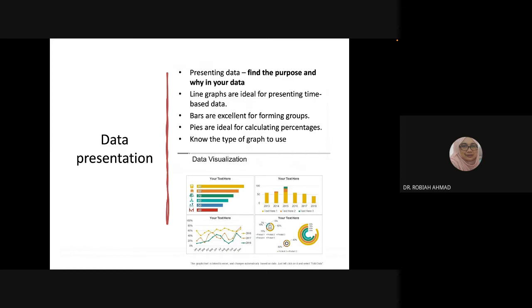What is the purpose that you want to present it for? For example, if you want to compare the one that you propose with the one that you use as the comparison, how to present it? You have to superimpose them, or put them side by side. So that's how you go back to the purpose and why.